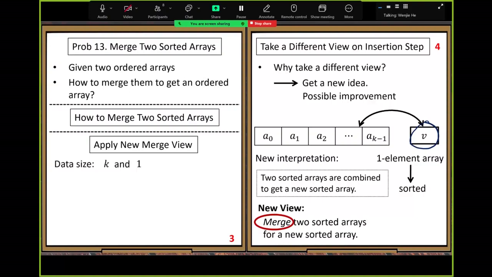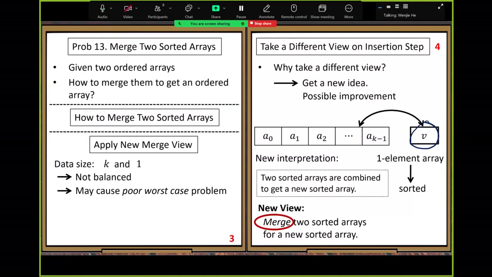So here we merge two ordered arrays, one of size k, another of size 1. But these two arrays are not balanced. Data distribution is not balanced. And last time I talked about the balancing principle.